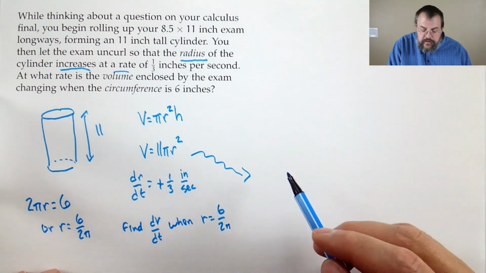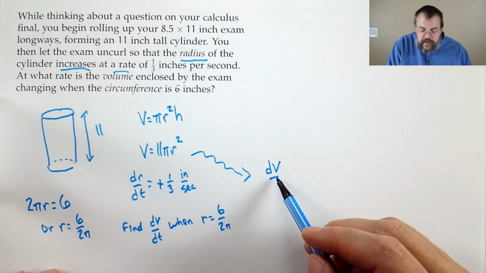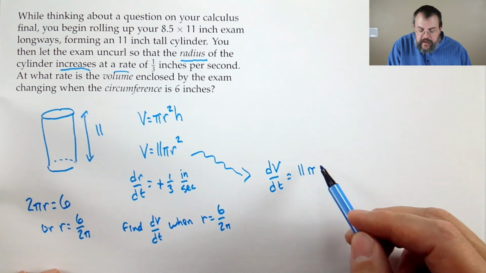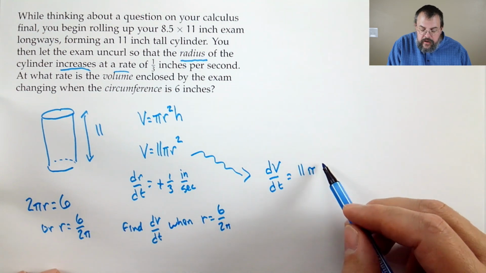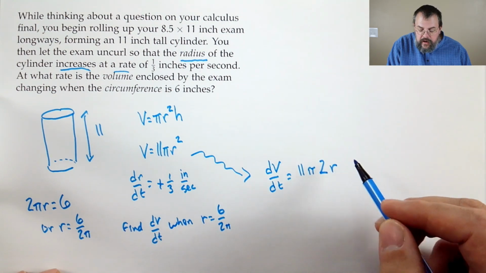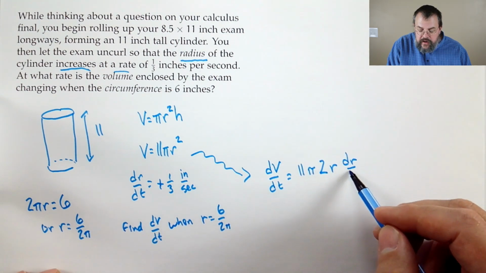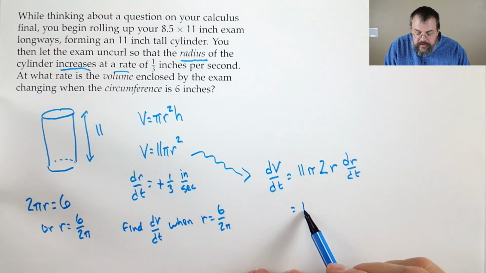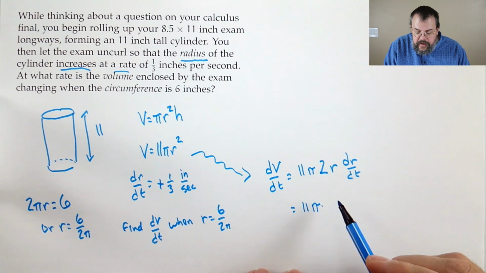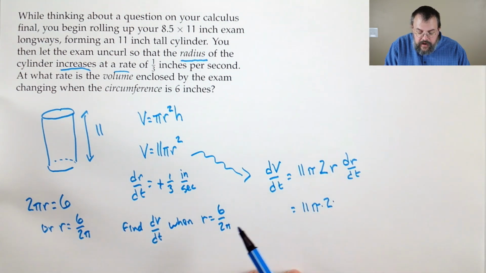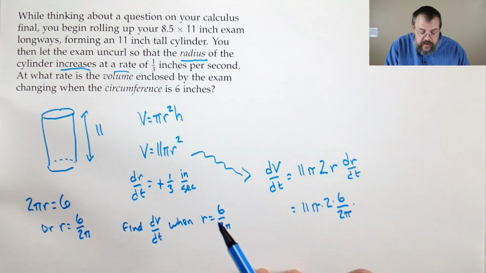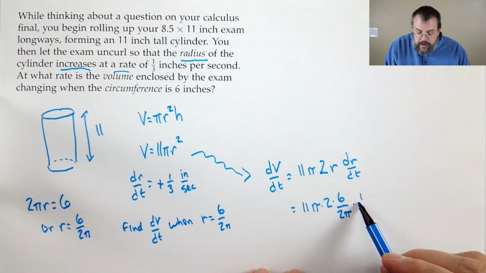So take the derivative. dV/dt is 11 times pi. Take the derivative of r squared: 2 comes down, r, and then the chain rule says dr/dt. So, plug in what we know. We have 11 times pi times 2 times r, which is 6 over 2 pi, times dr/dt, which is 1/3.